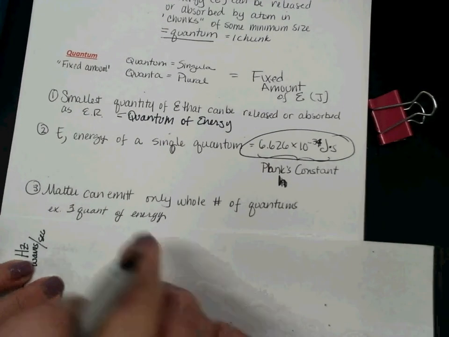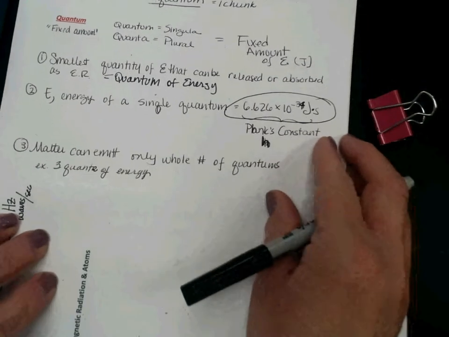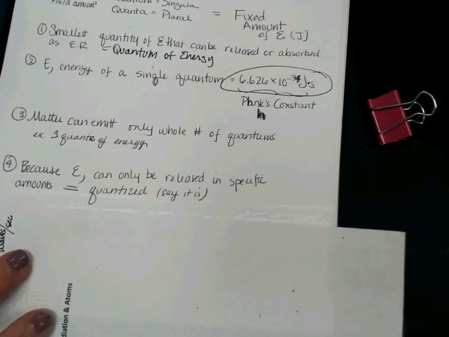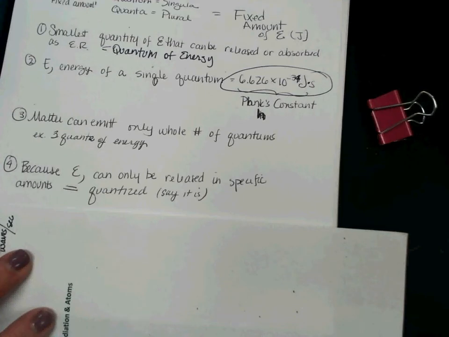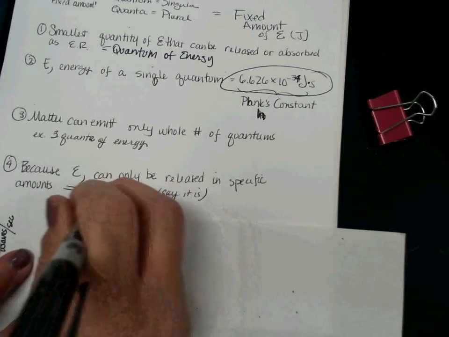He further said that matter only consists of whole quantums. For example, you could have 3 quanta of energy. You wouldn't have 3.5. So it's always a whole number. When a quantum is released, you release a whole quantum. Because energy can only be released in those specific amounts, we actually say that this energy is quantized.